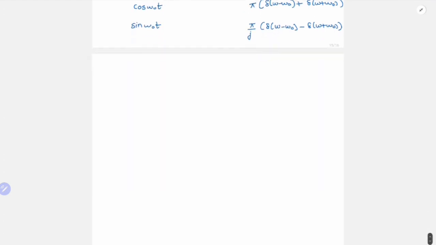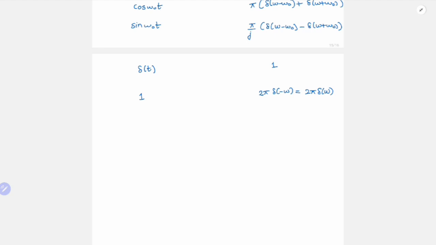Okay. And for x of t equal to delta of t, we had the Fourier transform as 1. But what happens if it is the other way around? If x of t is 1, then we know using duality, this is going to be 2 pi into x of minus omega. So delta of minus omega, which is nothing but 2 pi delta of omega. Because it is an even signal, delta of minus omega is going to be equal to delta of omega.